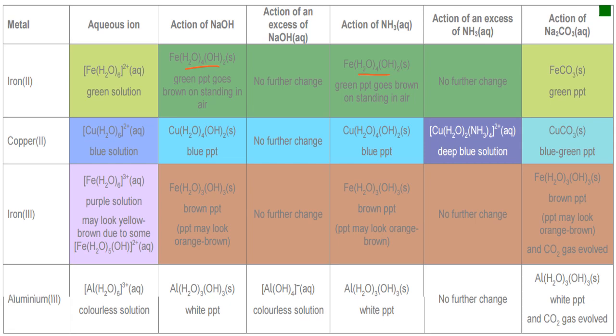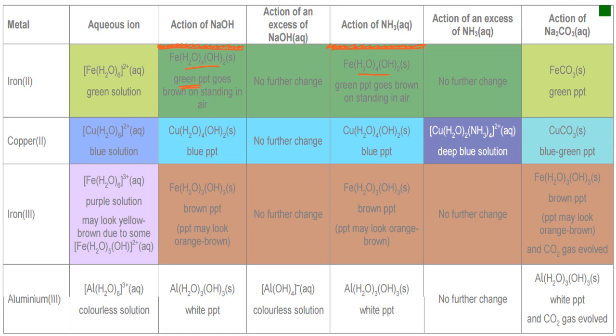And if we leave it open to the air, at the top of the test tube, i.e. the bit of the solution that's closest to the air, you're going to see a brown layer at the top. The top bit, the bit that's in contact with the oxygen, turns brown.